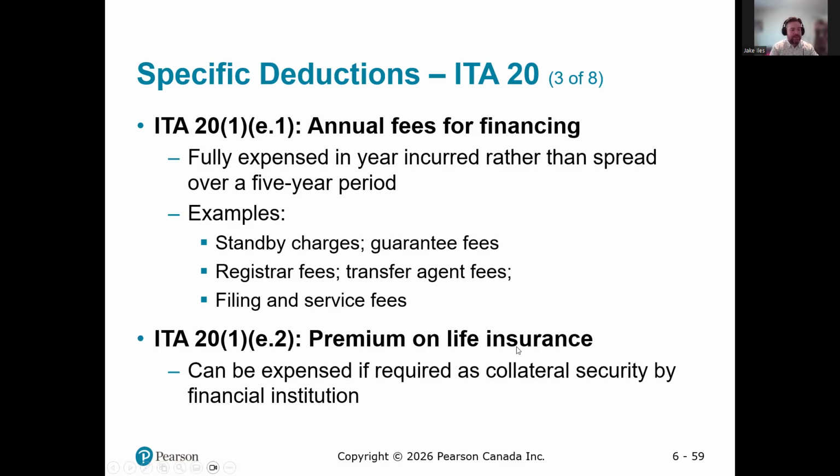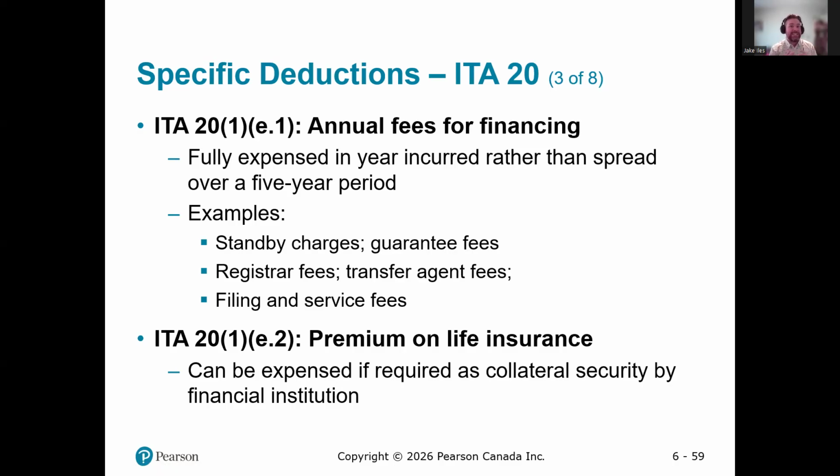We mentioned premiums on life insurance. Generally, life insurance is not deductible, but can be expensed if required by a financial institution for a loan. Small businesses might not have the profit, or at least don't have the financial history to warrant, yes, this loan's going to get paid back. So banks might force a guarantee from the principal shareholder, especially in a private corporation.